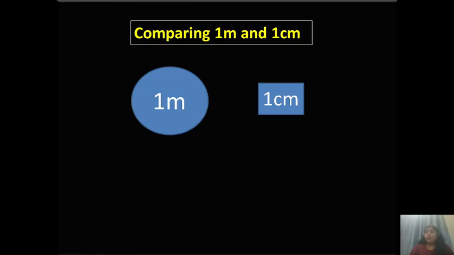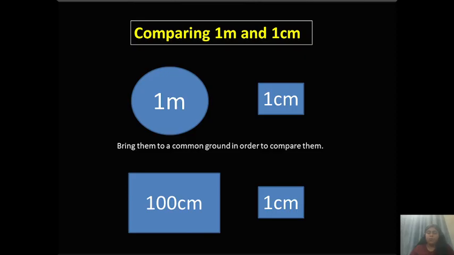Without knowing that 1 meter is equivalent to 100 centimeter, is it possible to compare them? The answer is no. So, in order to compare two quantities, we need to bring them to a common ground or a common scale. Now that we know 1 meter is 100 centimeter, these two quantities are easily comparable.